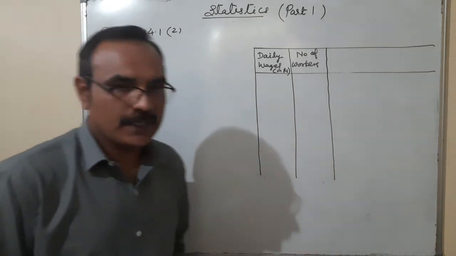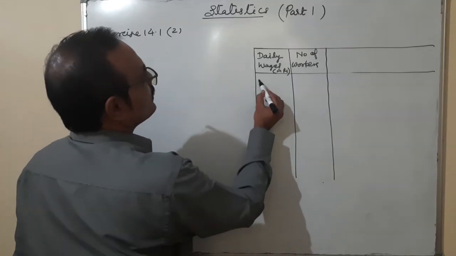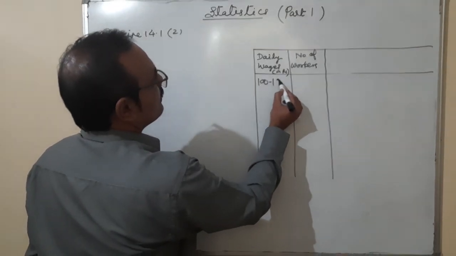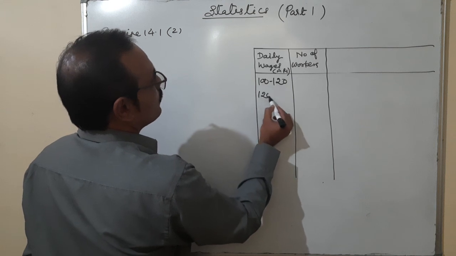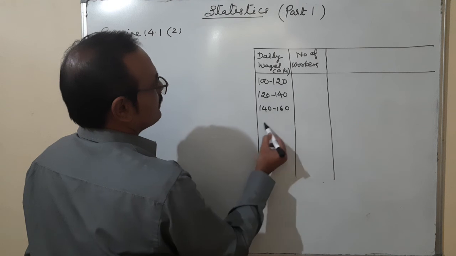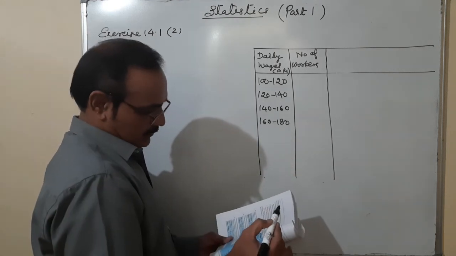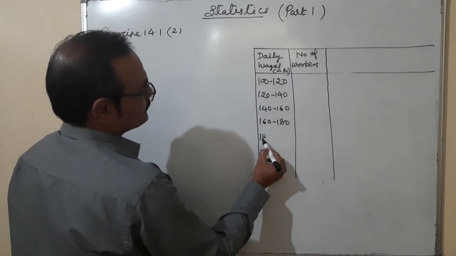The class intervals given are 100 to 120, 120 to 140, 140 to 160, 160 to 180, and 180 to 200.